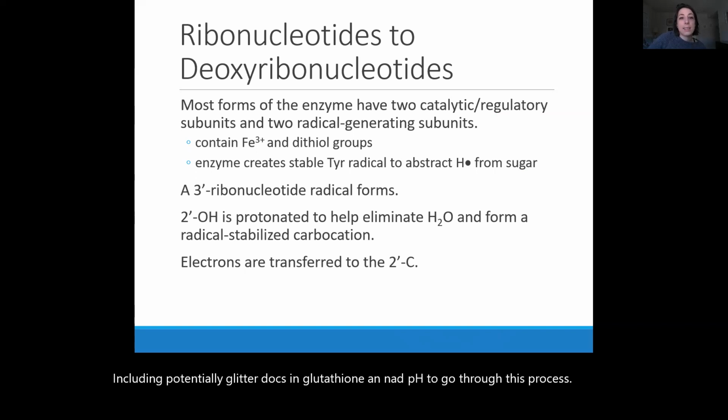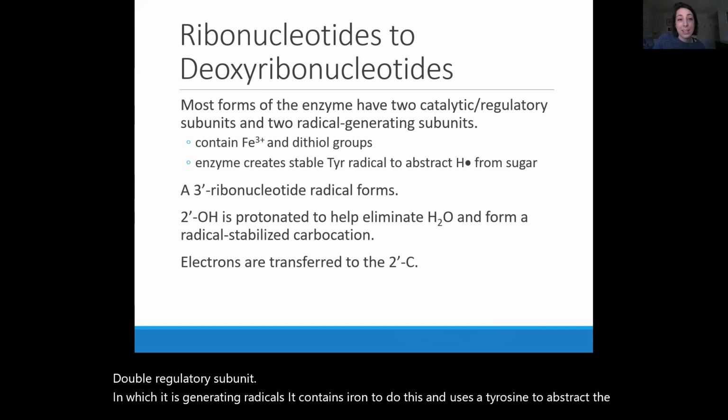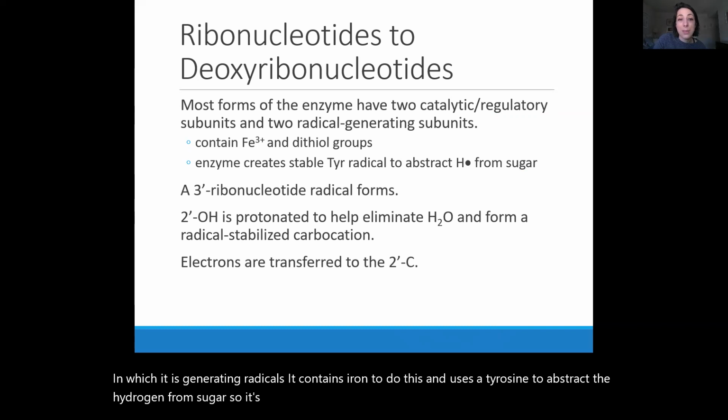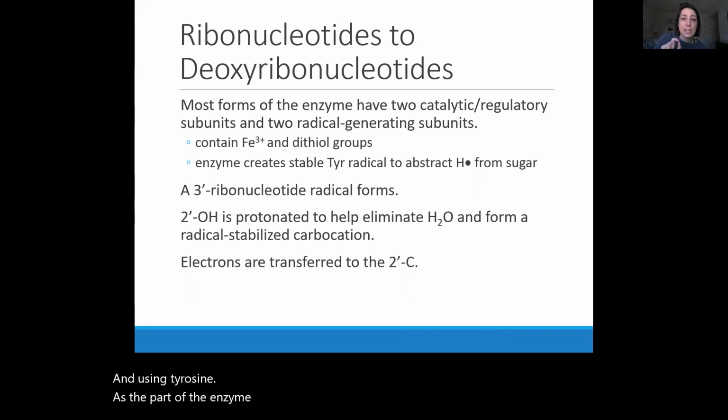Now, this has a double regulatory subunit in which it is generating radicals. It contains iron to do this and uses a tyrosine to abstract a hydrogen from the sugar. So it's actually doing this through radical chemistry within it and using tyrosine, the amino acid on the enzyme, to stabilize that radical electron.